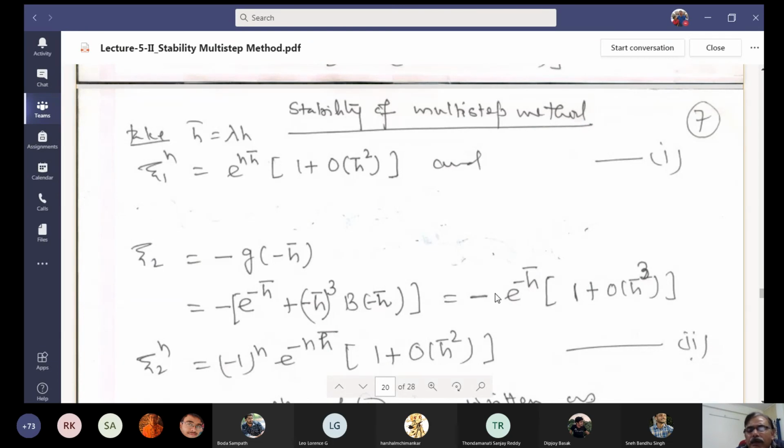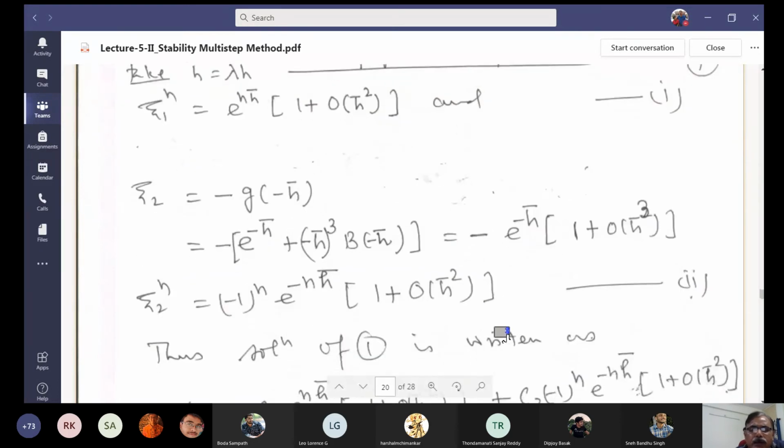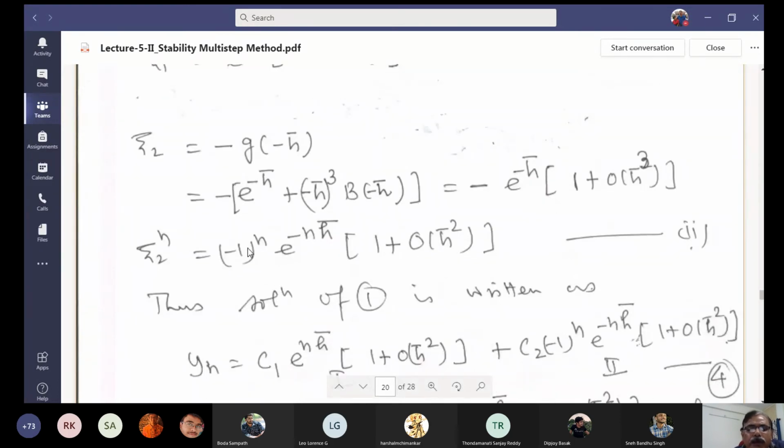So this will be minus e to power minus h bar times (1 plus capital order h bar cube), right? Basically we are not interested beyond order h square, so we may not write that. So basically xi2 to power n is, because of this, minus 1 to power n e to power minus n h bar inside the bracket 1 plus capital order h bar square. Is that right?